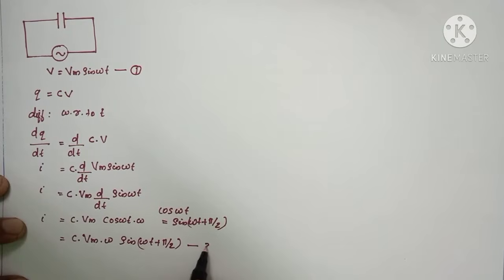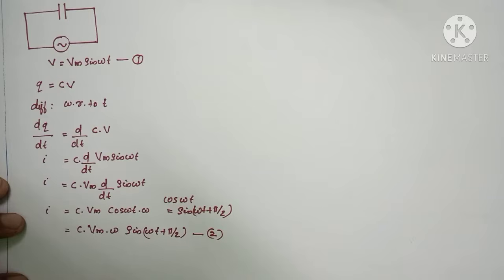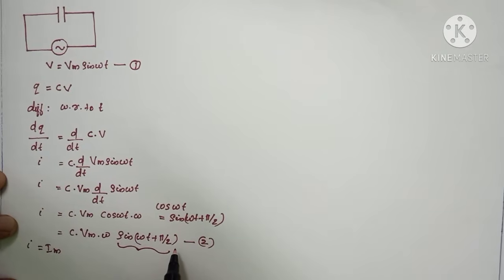This can be equation number 2. And the instantaneous value of the current will be maximum when this term sin omega t plus pi by 2 reaches 1.